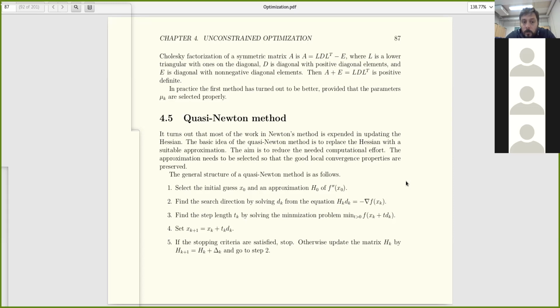So when we are at an iteration, we start by solving for our dk from the equation HK dk equals the negative of the gradient. So our HK stands for the Hessian, and we should have this property that the search direction times the Hessian should be the negative of the gradient.